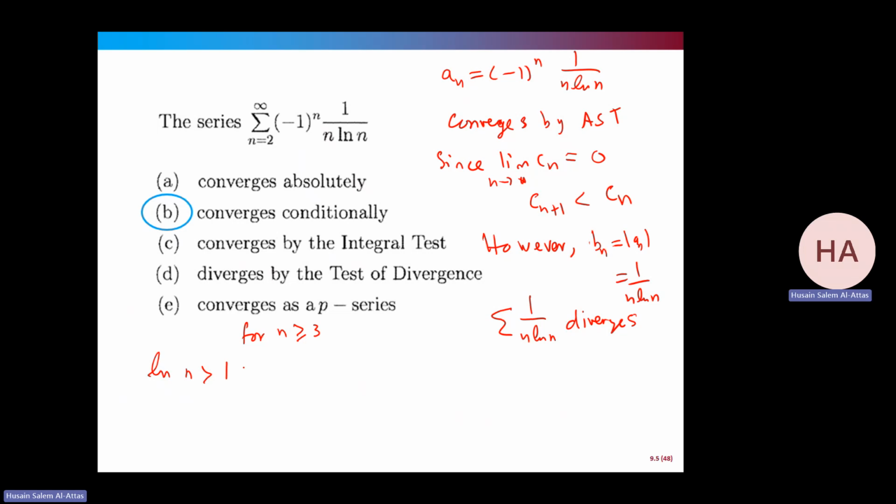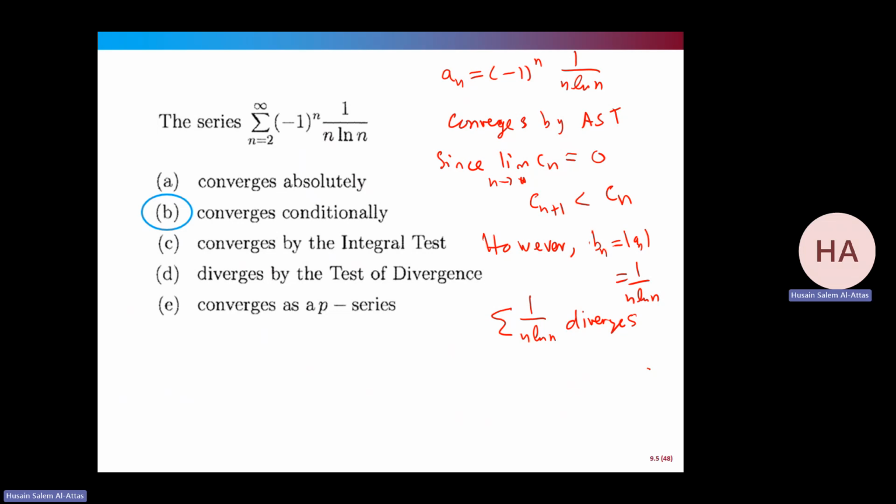So 1 over ln n is less than 1, which implies 1 over n ln n is less than 1 over n. And I know that the series 1 over n diverges. But this gives me nothing, it will not help, so I need to think about something else.